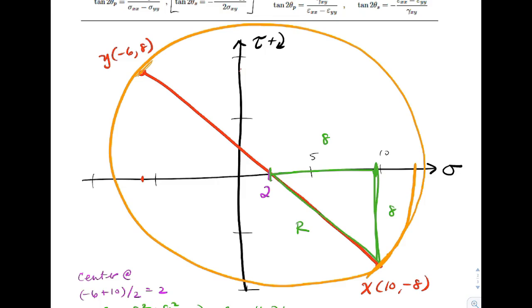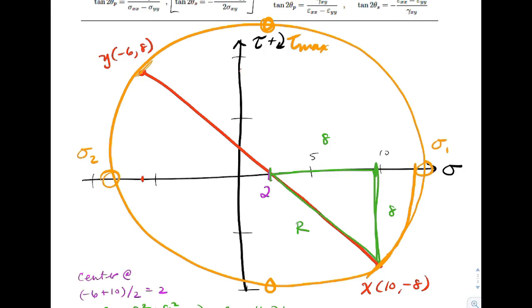And in this problem, what we're interested in is tau max. So by picture, we've seen those are the principals, right? Sigma 1 and sigma 2. And that up there would be the position of tau max.